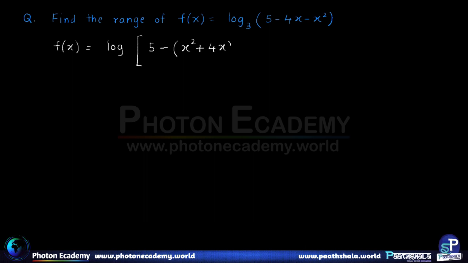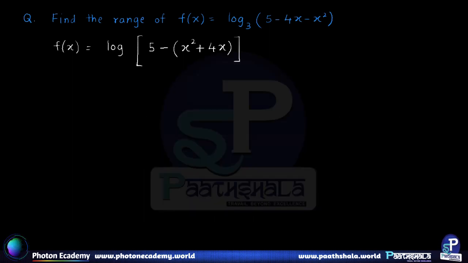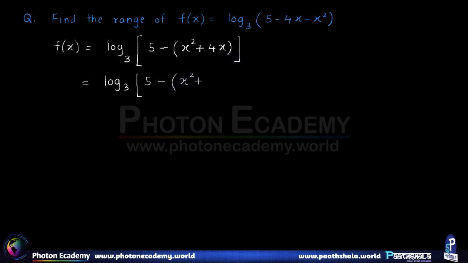So here we have x square plus 4x written as positive inside the bracket, which is outside negative, so that we can further write this as 5 minus. Now to complete the square we must add 4 inside the bracket.